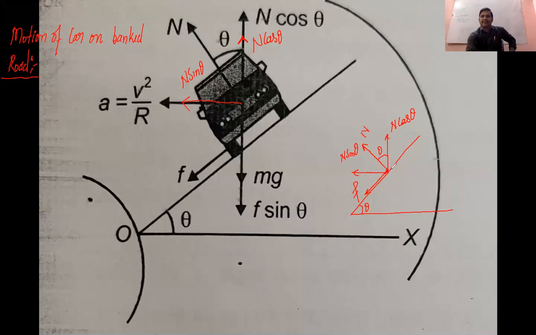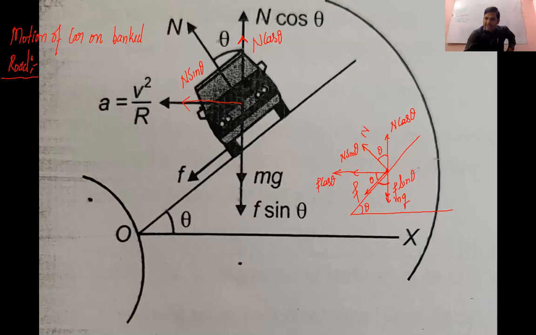And now you can see, this will be your mg, that will be always acting vertically downward. And dear students, you can see from here, this will be your 90 minus theta, and this will be your theta. So component of this friction force along this will be f cos theta, and the another component will be along this, this will be your f sin theta.